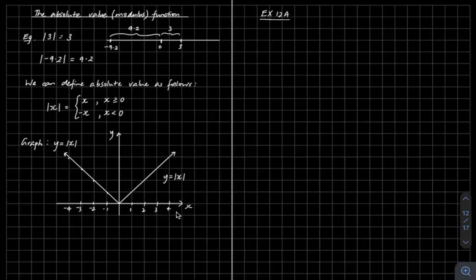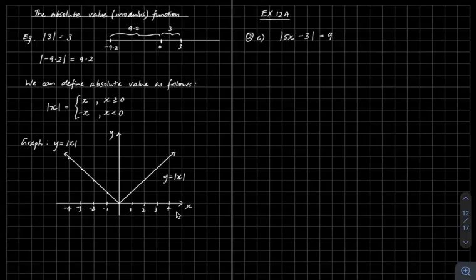Let me consider a couple of questions like that, where we want to solve for x. So here's an example: the absolute value of 5x minus 3 is equal to 9.